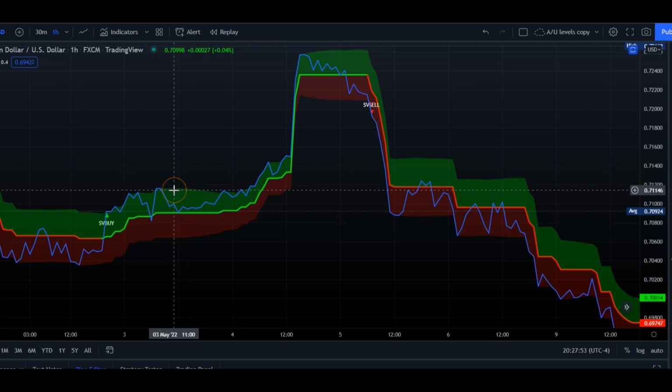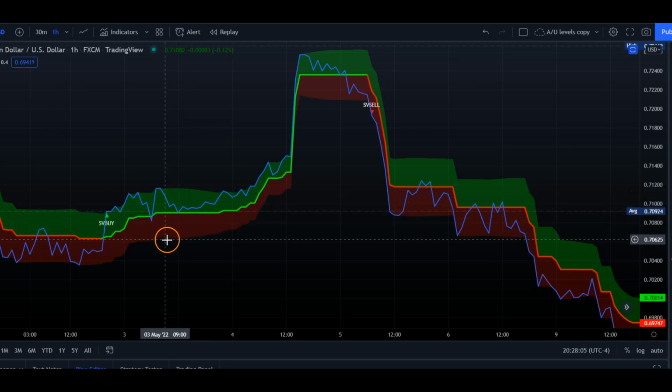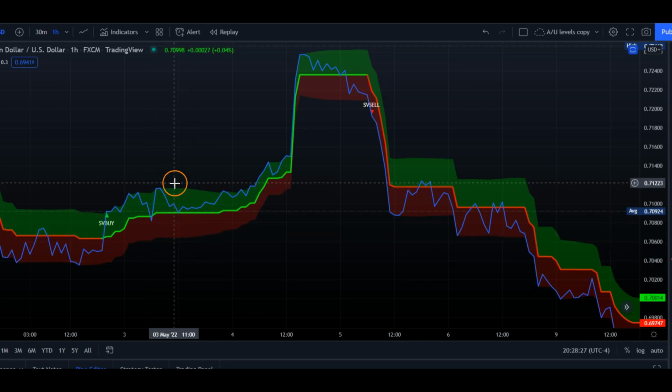So the top of the range is approximately 7116, and then we're going to go to the bottom of the range, and that is approximately 7063. So roughly 50 pips, 50 points between the low of the range and the upper range.